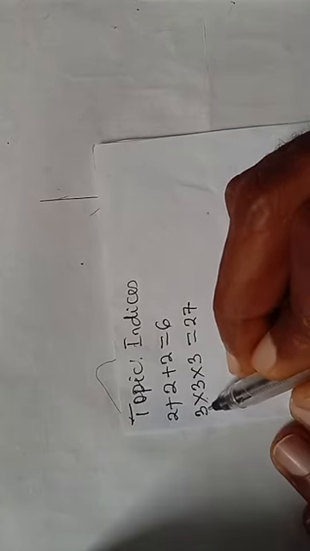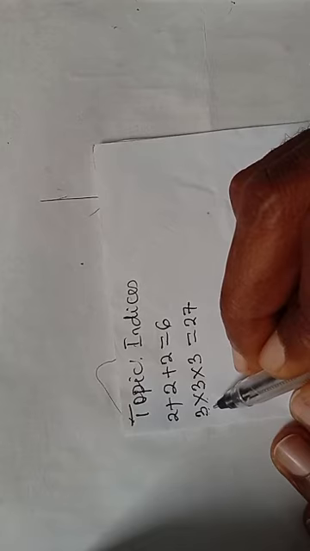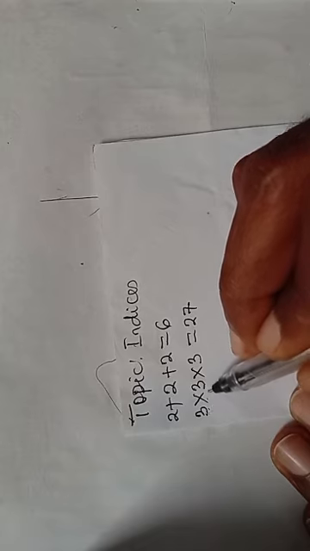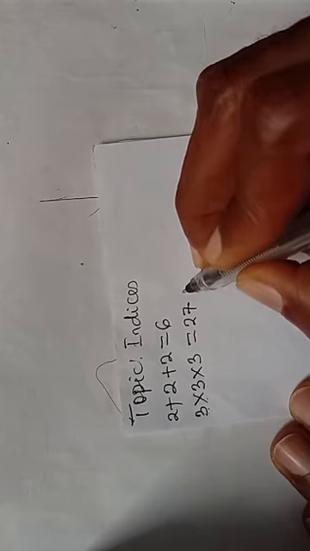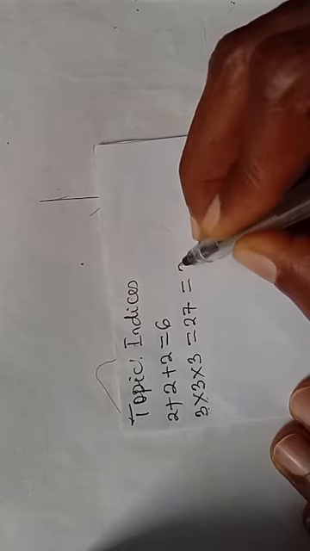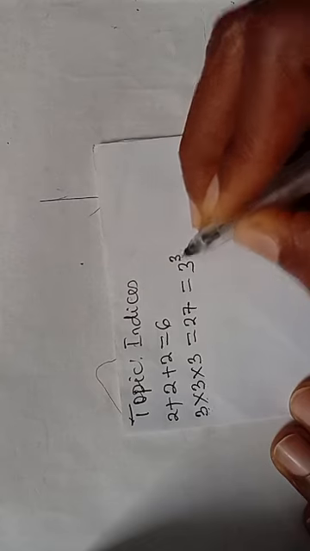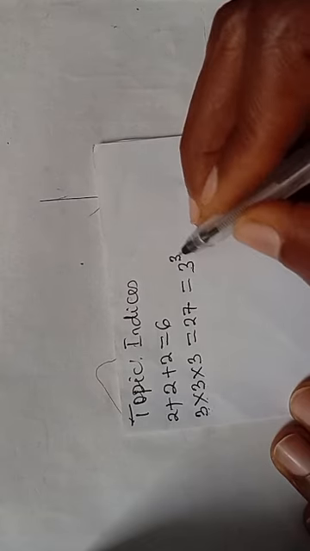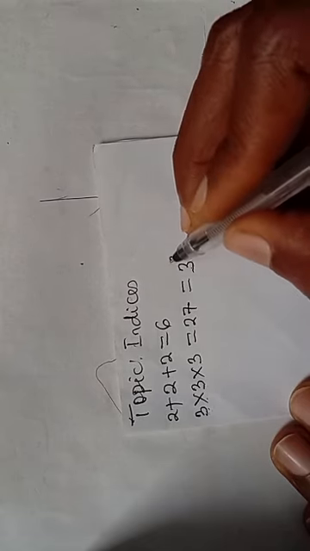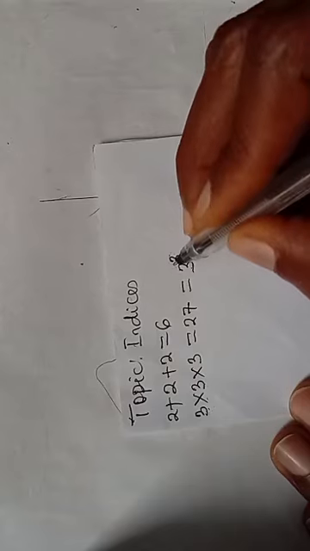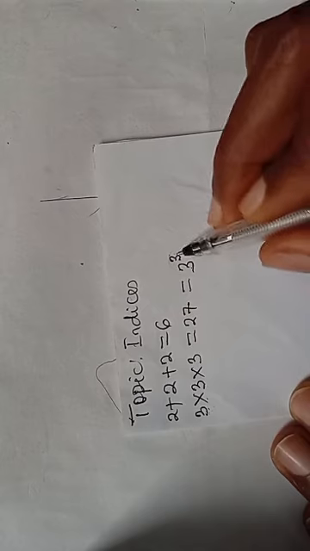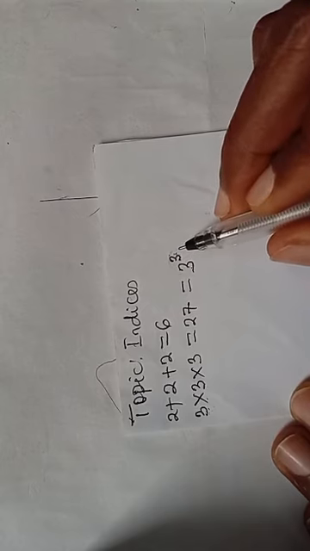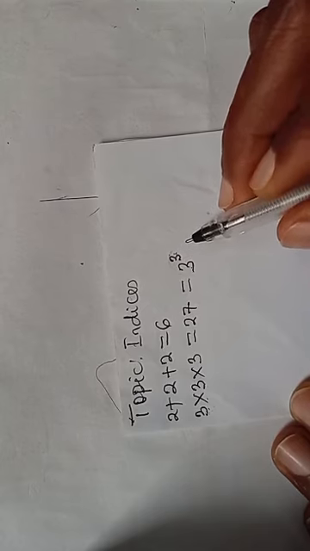Now this is 3 multiplying itself 3 times, 3 times 3 times 3, which is equal to 27. Now it can still be written this way: 3 power 3. 3 multiplying itself 3 times. So this is a kind of indices. All right. How many times a particular quantity multiplied itself, then the word indices comes into play.